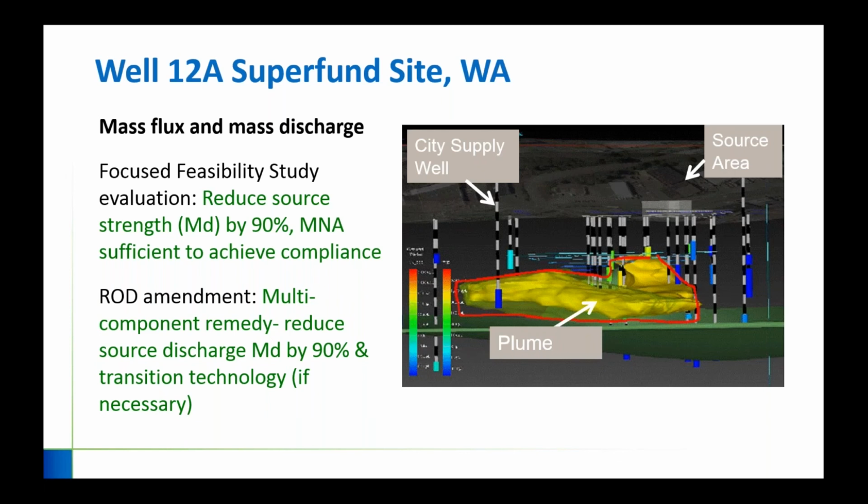There was a source area remedy consisting of excavation and in situ thermal and in situ bio, where the goal for that remedy was a 90% reduction in mass discharge. Obviously that's an interim goal, not the final goal for the site. That's still MCLs, but that was the goal for operation of this intensive source area remedy.